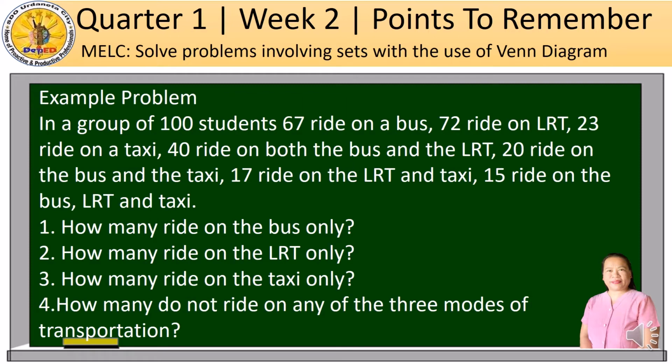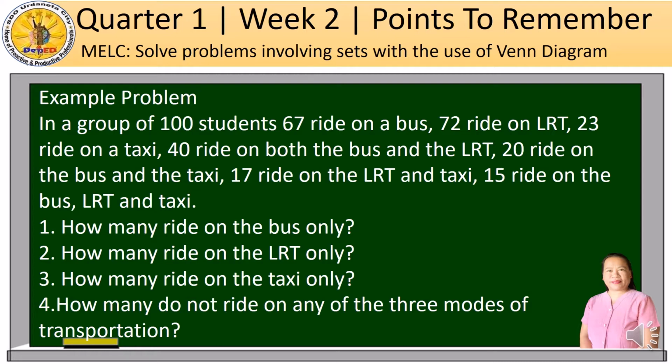So let's have an example problem. In a group of 100 students, 67 ride on a bus, 72 ride on LRT, 23 ride on a taxi, 40 ride on both the bus and the LRT, 20 ride on the bus and the taxi, 17 ride on the LRT and taxi, 15 ride on the bus, LRT and taxi.